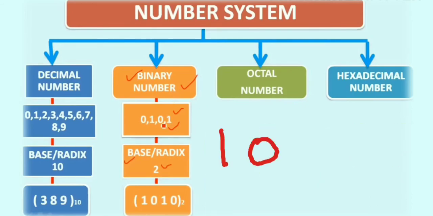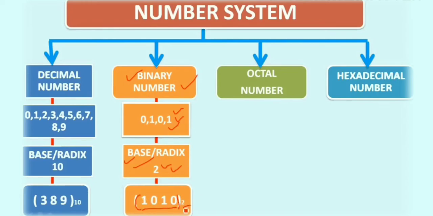With base 2, we read it as 1 0, not 10. So the binary number system is the base of computer calculation, and the functions of a computer are performed on this number system.